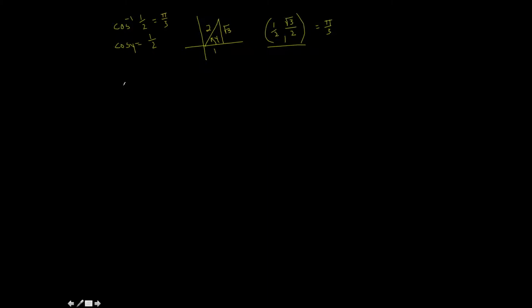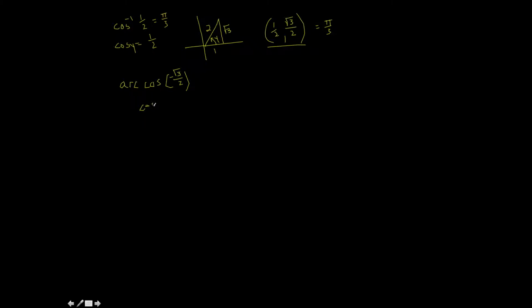All right, so let's look at another one. Let's look at the arc cosine of negative square root of 3 over 2. The arc cosine of negative square root of 3 over 2. Okay, well, what we're going to do here is we can do much the same thing.